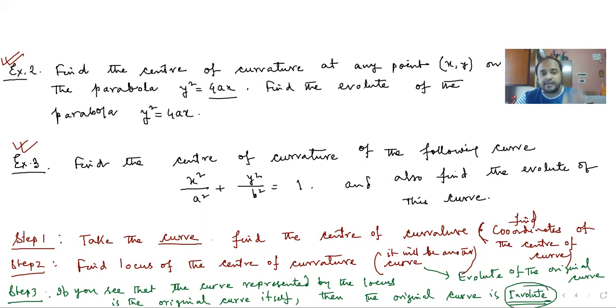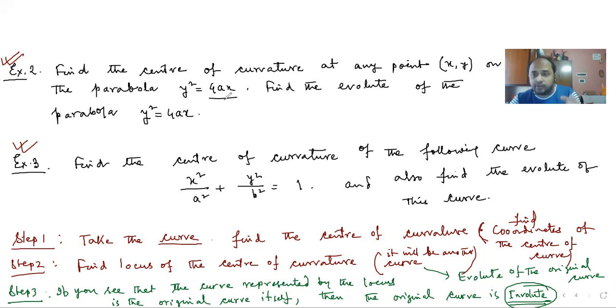If the locus of the center of curvature of the circle is the circle itself, then that locus is the evolute, and the original curve from which the evolute has been found, that circle itself, will be called its involute.